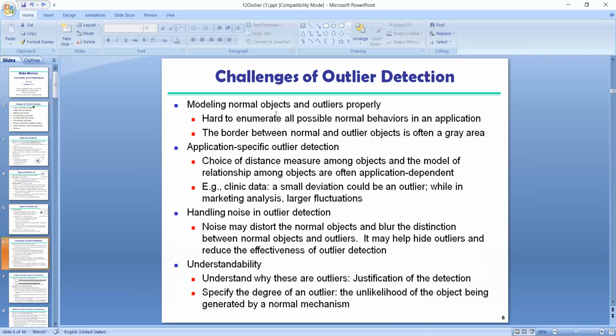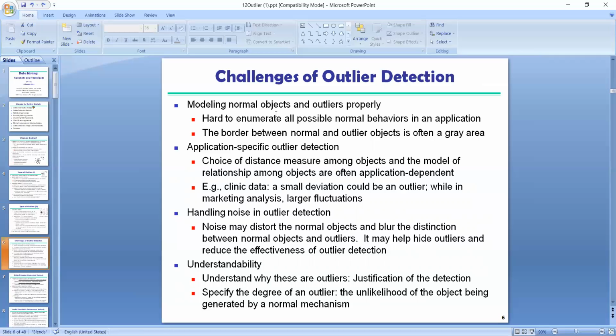So it depends on the application domain where you are going to use it; whether something is an outlier or not will vary. In clinical data, a small deviation we can consider an outlier. In marketing analysis, large fluctuations are considered outliers.